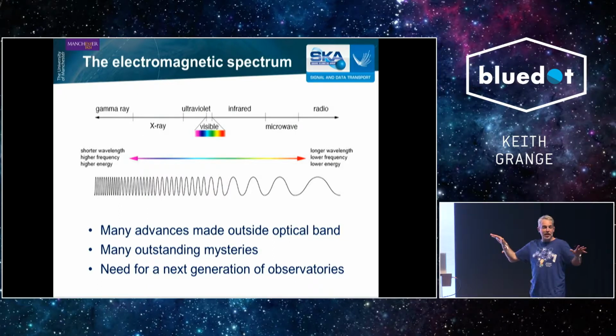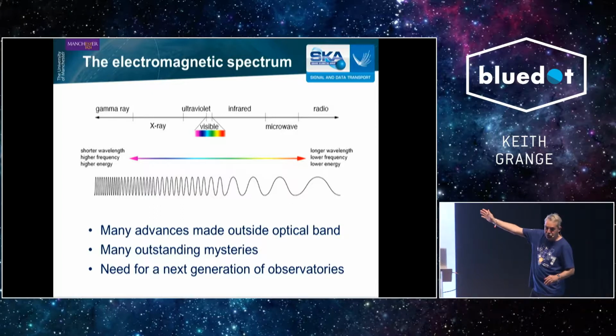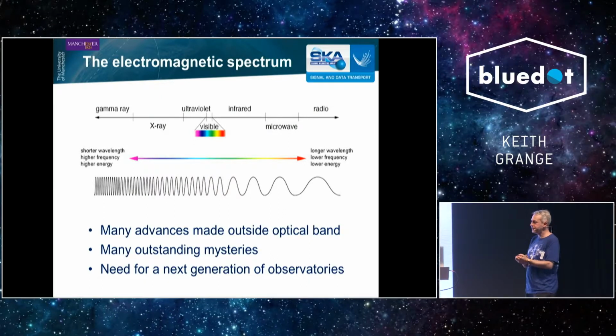All of these are electromagnetic waves, waves that travel at the speed of light, but have very, very different frequencies. So very, very high frequencies, very short wavelengths on the left, and then in the radio, very low frequencies, very long wavelengths. And the thing is that actually in all of these wave bands, you can study the universe, and generally speaking, you see very, very different things.